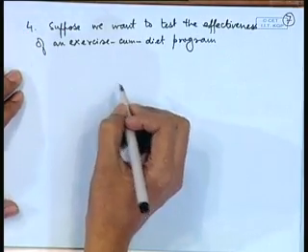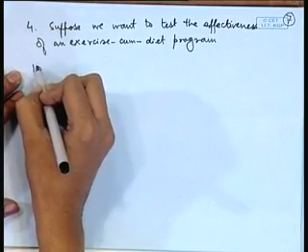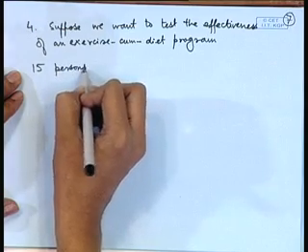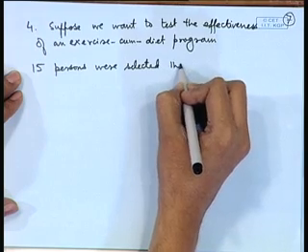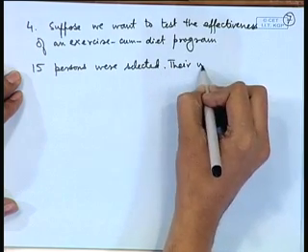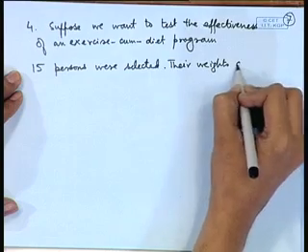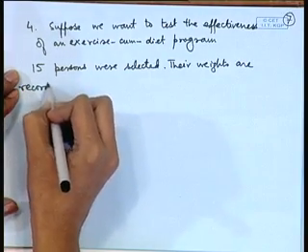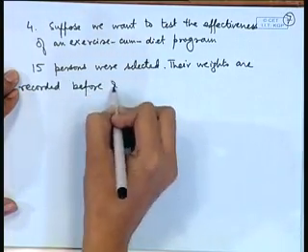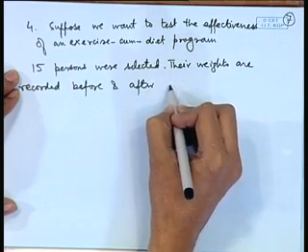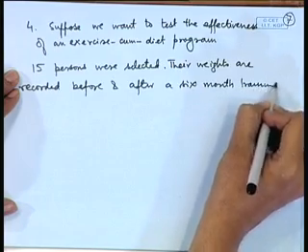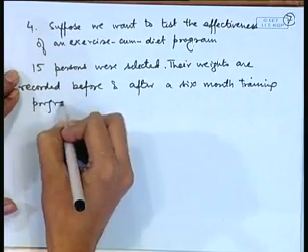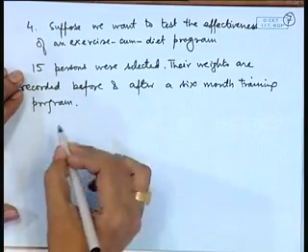Say 15 persons were selected, their weights are recorded before and after a 6-month training program. So, we want to see whether the average weights have reduced.